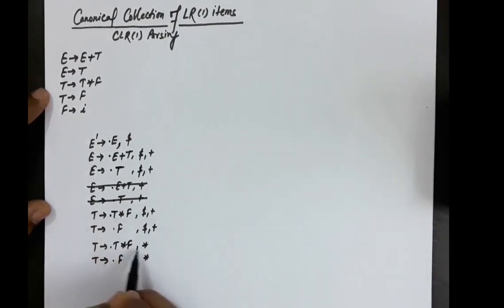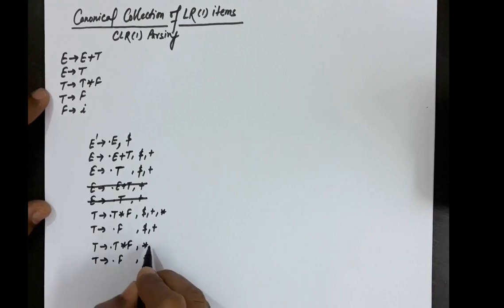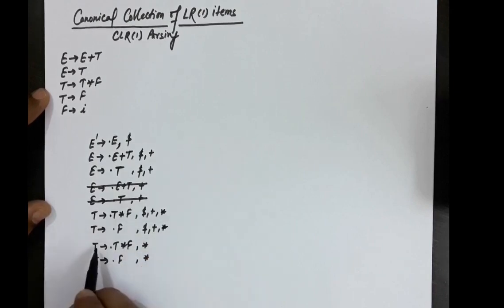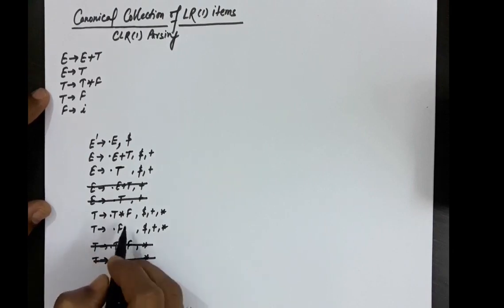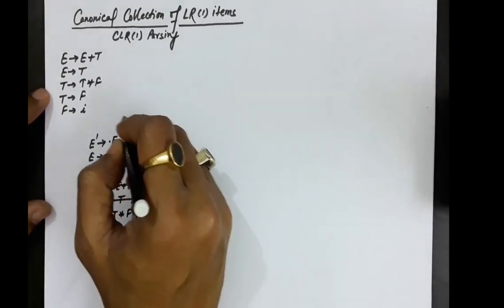These two productions differ in the look ahead only, so we are adding a star here and here, and these two can be skipped. After this you will be writing all the productions starting with capital F. So F produces dot I, and the look aheads will be dollar, plus and multiplication sign. So this actually is the I0.